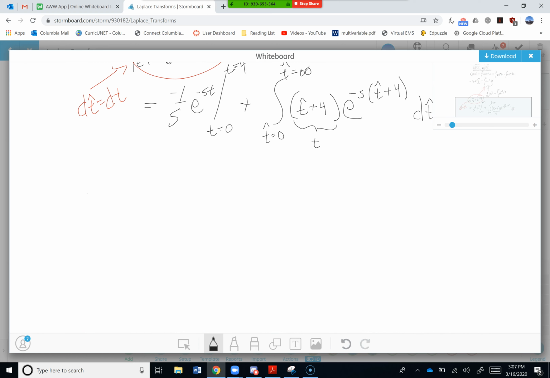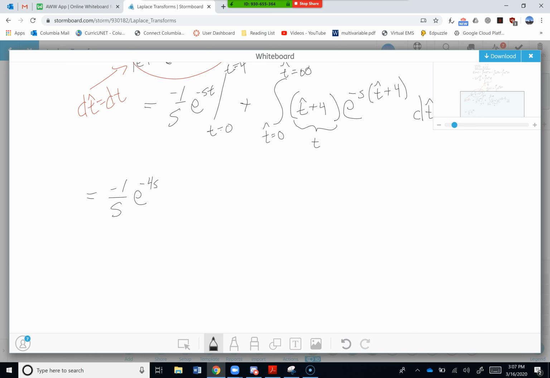Now let me deal with that first part again. In the first part, I was doing from old t's 0 to 4, evaluating this thing. So I think I get a minus 1 over s e to the minus 4s. You guys with that piece?